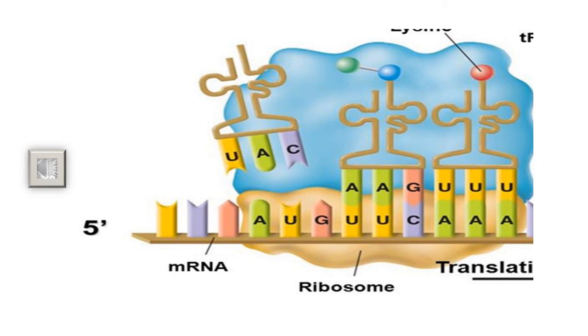tRNA carries amino acids and has an anticodon that is complementary to a specific codon of mRNA.